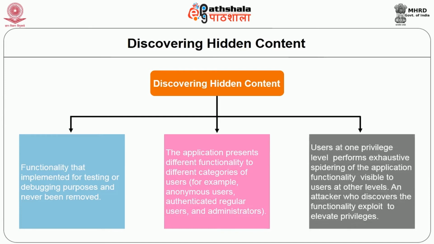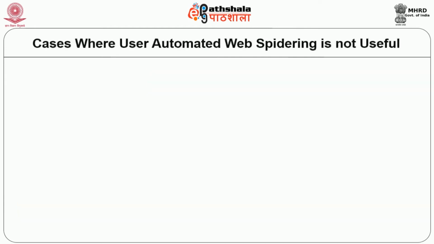Users at one privilege level who perform exhaustive spidering of the application may miss functionality that is visible to users at other levels. An attacker who discovers that functionality may exploit it to elevate his or her privileges within the application. Now we will look at the case where automated web spidering is not useful.